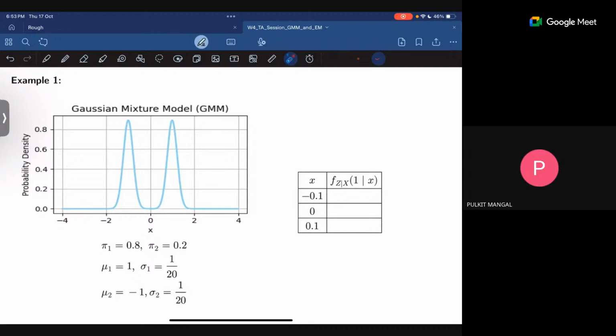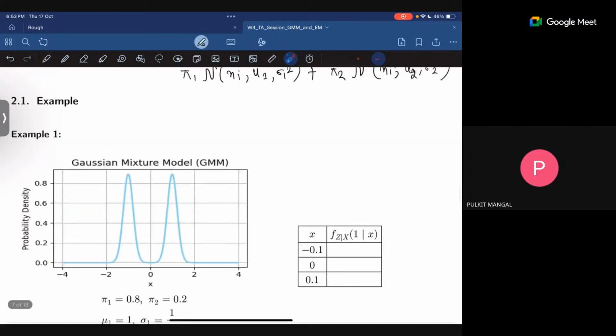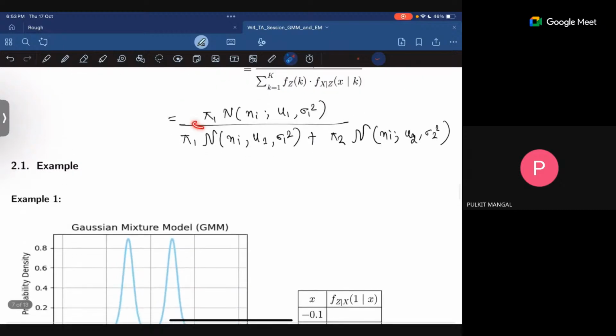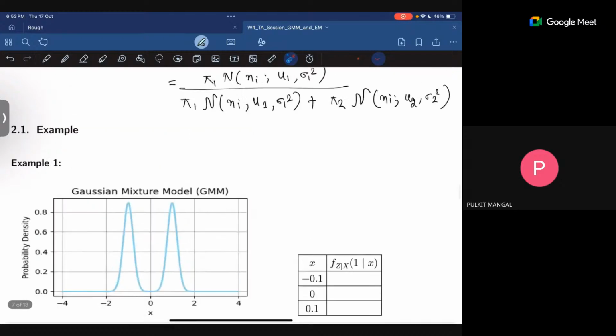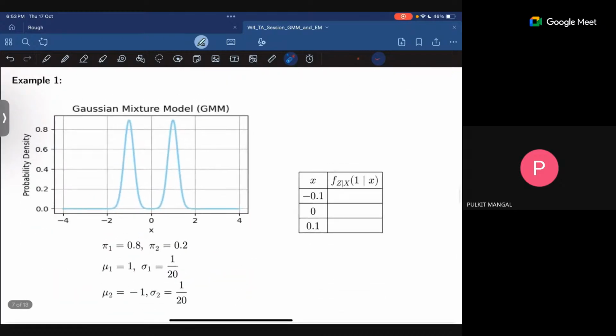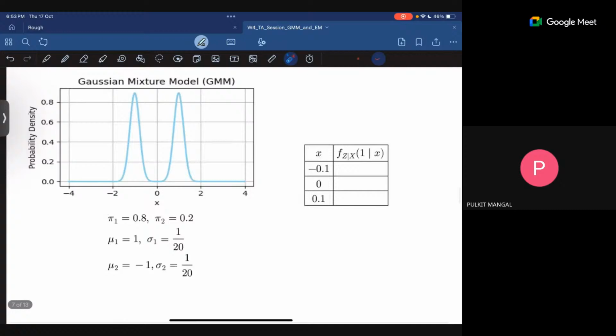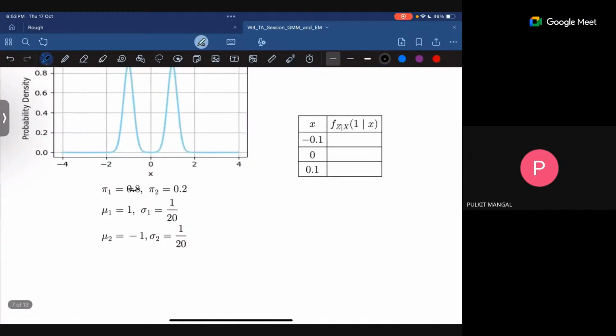Now, if you want to check whether the negative 0.1 has come from the first cluster, how will you check? You will put the pi1 value. Pi1 is 0.8. Oh, I guess it is wrong here. It should be 0.5, 0.5 for both.